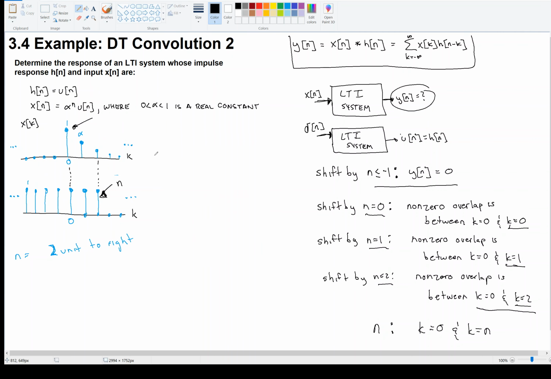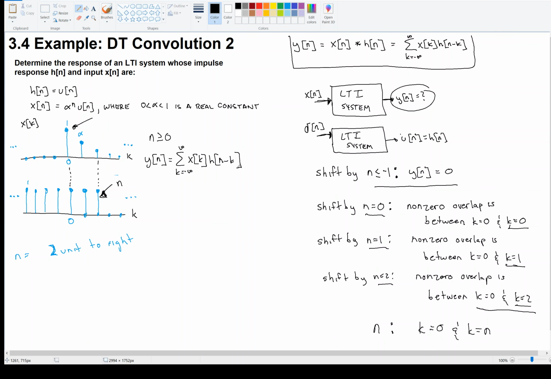So my convolution sum now, y of n equals, and remember this is for n greater than or equal to 0 now, because for n less than or equal to -1, the output was 0. Okay, so I have this convolution sum, x of k, h of n minus k.